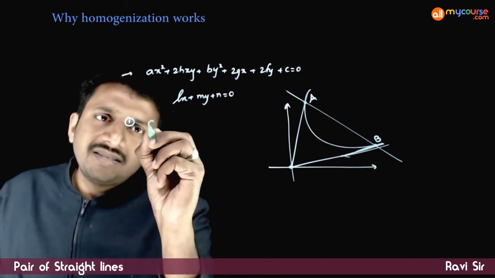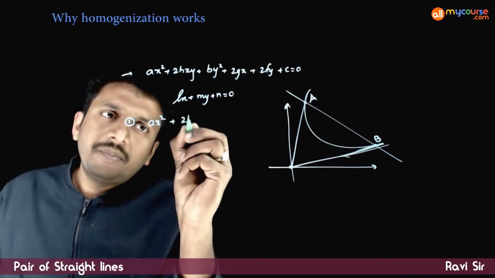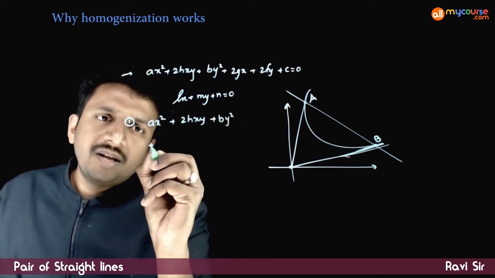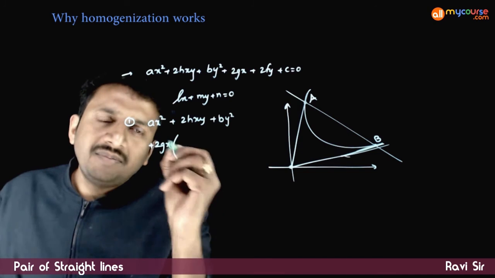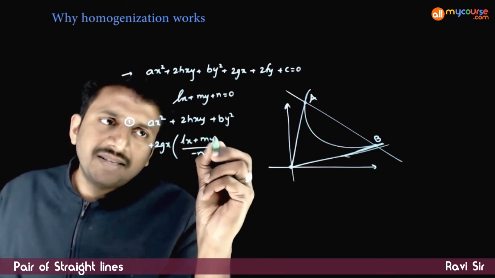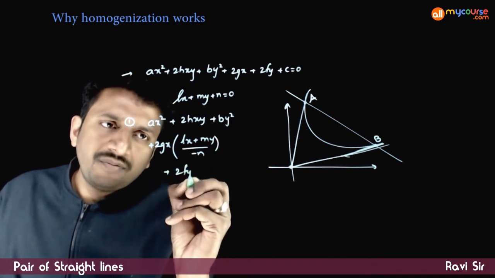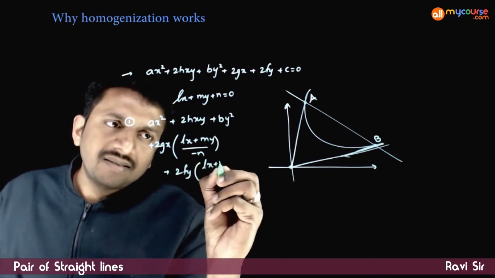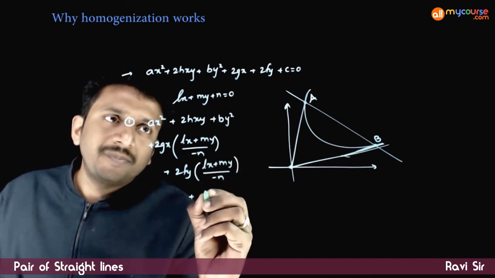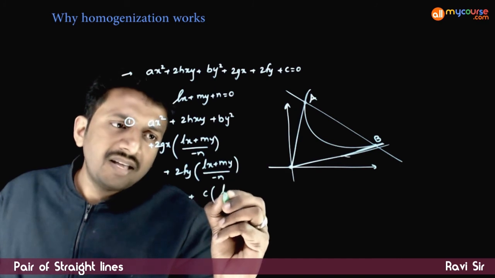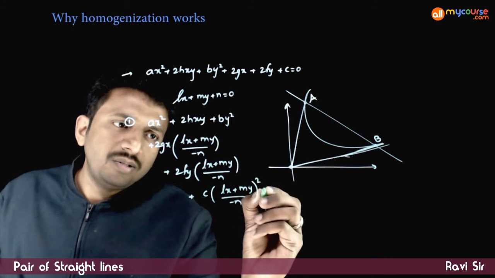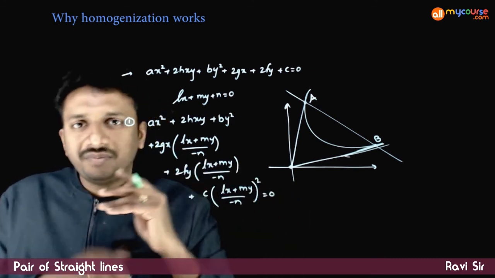So let us consider this equation: ax square plus 2hxy plus by square plus 2gx times (lx plus my by minus n) plus 2fy times (lx plus my by minus n) plus c times (lx plus my by minus n) whole square is equal to 0.